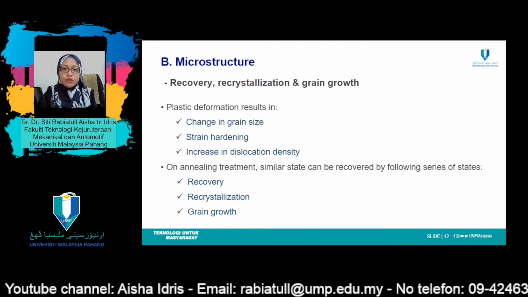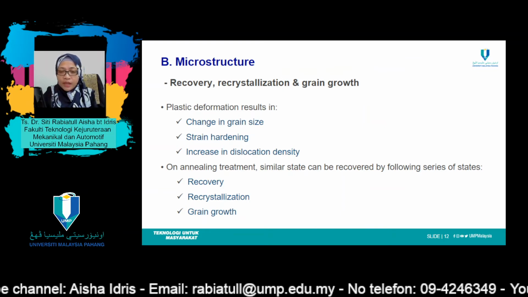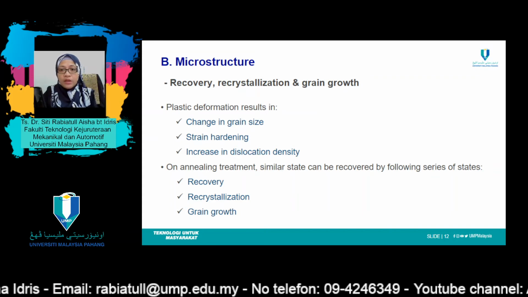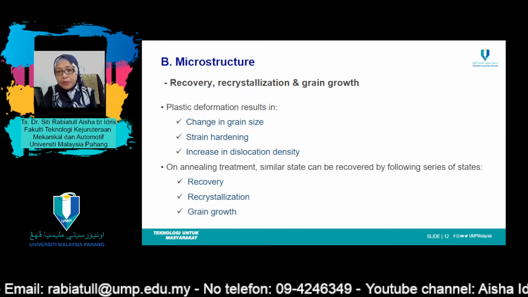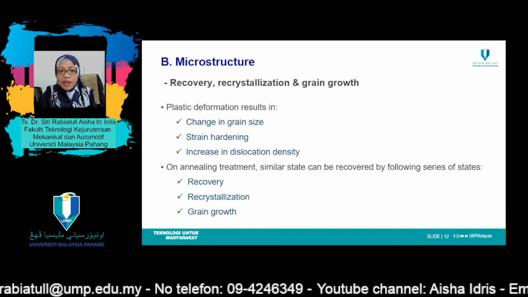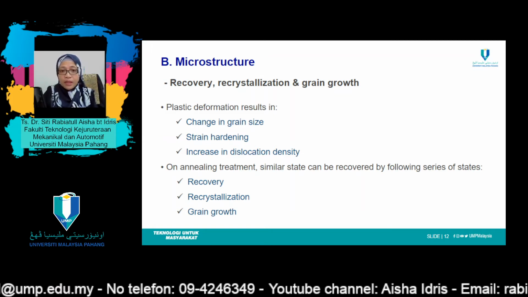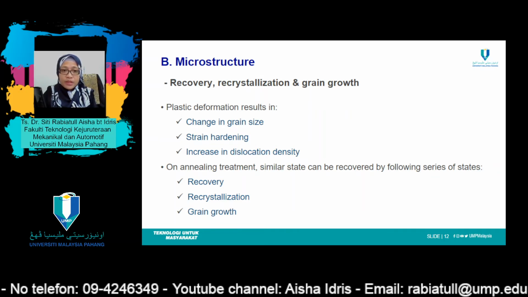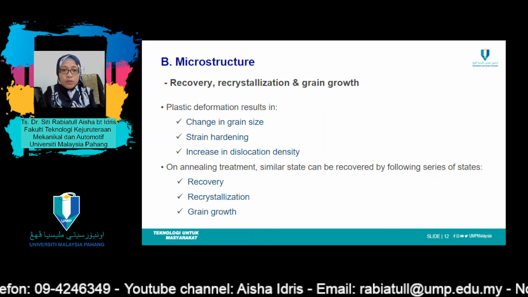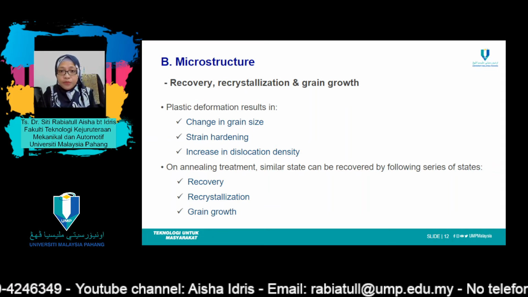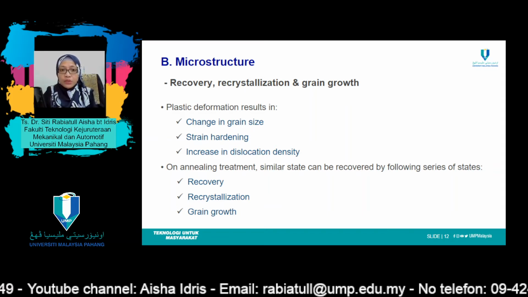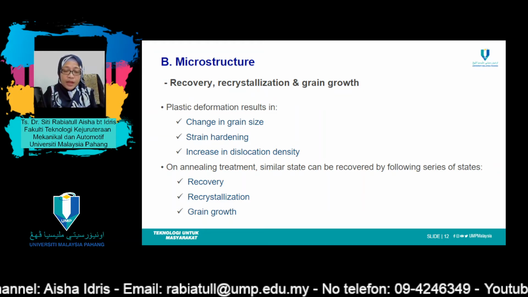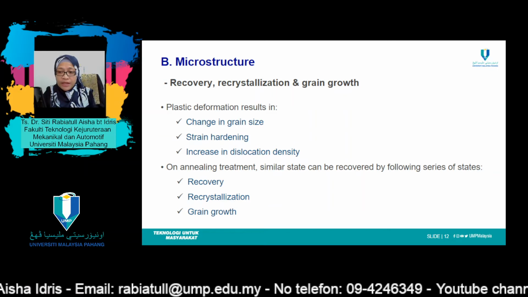Moving on to our next content for today is recovery, recrystallization, and grain growth under the microstructure. As outlined earlier in this lecture, plastically deforming a polycrystalline specimen at temperatures that are low relative to its absolute melting temperature produces microstructural and property changes that include a change in grain shape, strain hardening, and an increase in dislocation density.